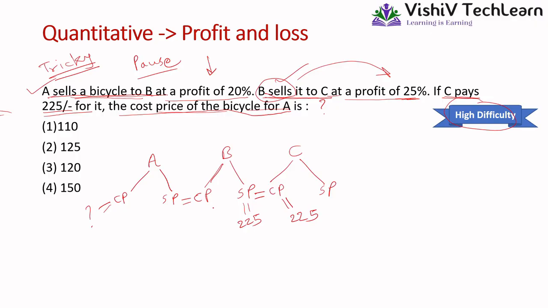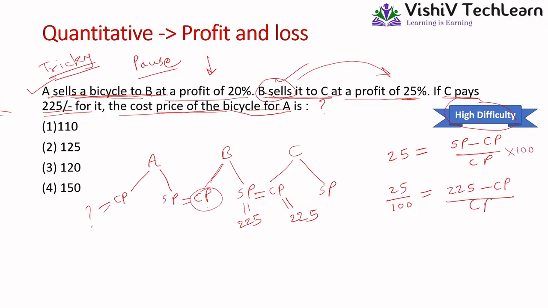So in case of CP and SP, we can write the profit formula: profit percent 25 equals profit, which is SP minus CP, upon CP, and multiply by 100. So this 100 can go to this side. It will be 25 upon 100 equals SP, which is 225, already mentioned, minus CP. CP we have to find out, divided by again CP.